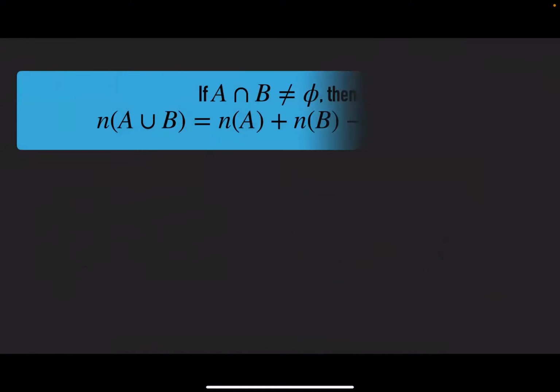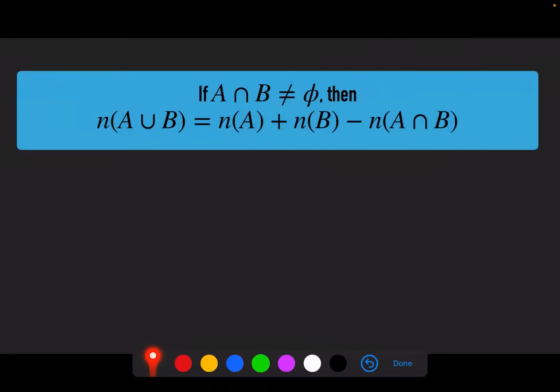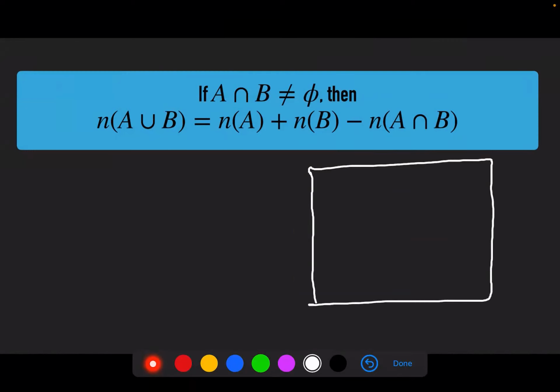Now, what if there are certain common elements? How does the Venn diagram look? This is your universal set. There will be an overlap of regions.